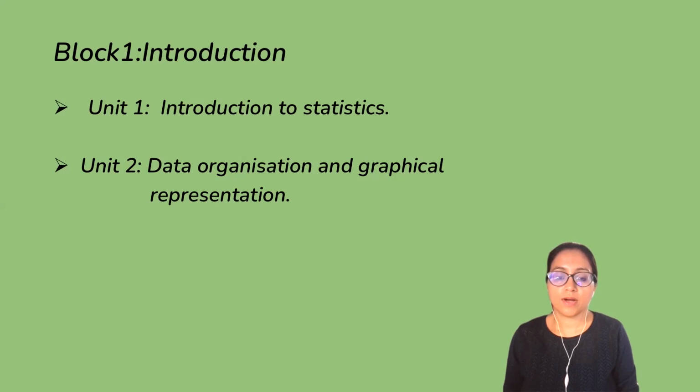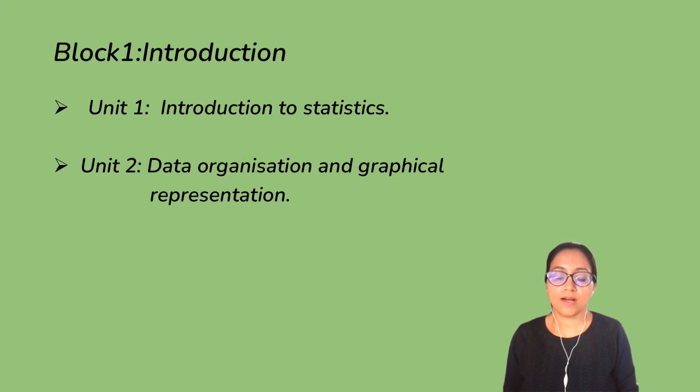Under Unit 1, we are going to study the meaning of statistics, the role of statistics in research, limitations and misinterpretation of statistics, scales of measurement, and descriptive and inferential statistics.